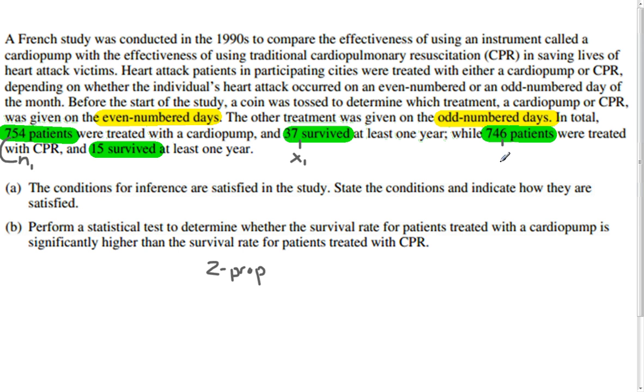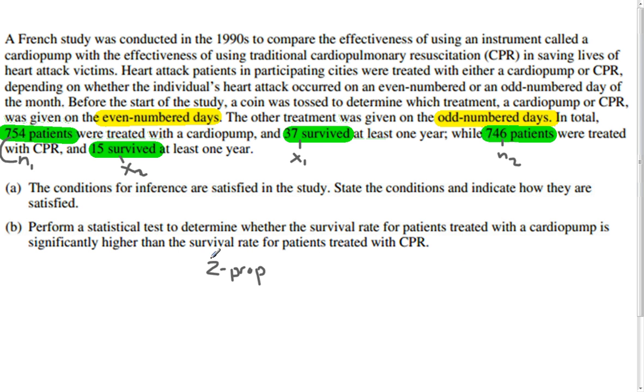And then again here in the second group, we'll call that N2, and the number who survived X2. So 15 out of 746 in group 2, 37 out of 754 in group 1. So those are the numbers that we're going to use in the two-prop test.